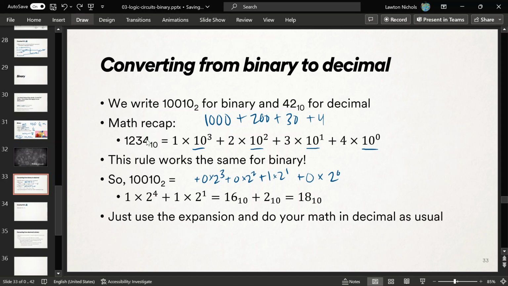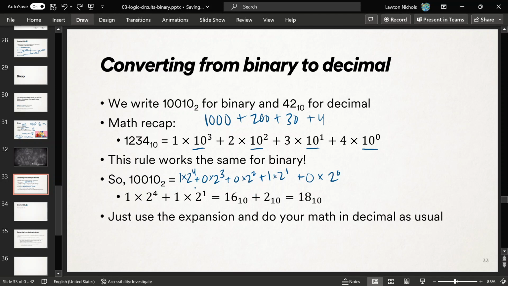You see, I'm following that same pattern. It's going to work. Just pick the ones out: 1 times 2 to the 4th plus 1 times 2 to the 1st, which is 2, 4, 8, 16, plus 2, so 18. This number, 10010 in binary, was the number 18 in decimal.